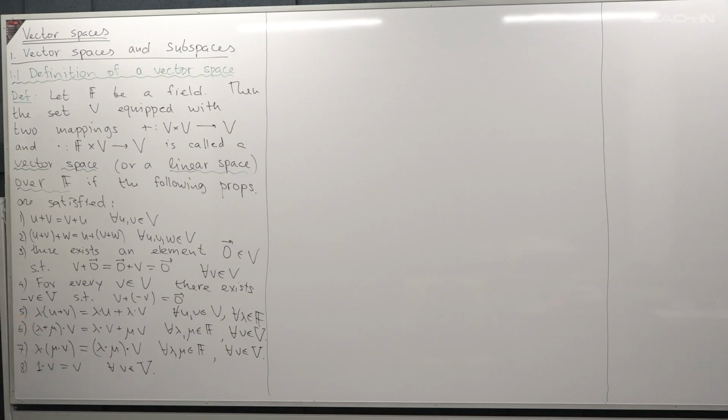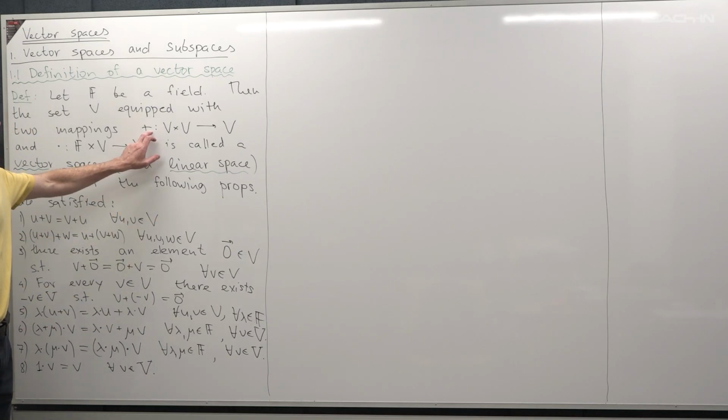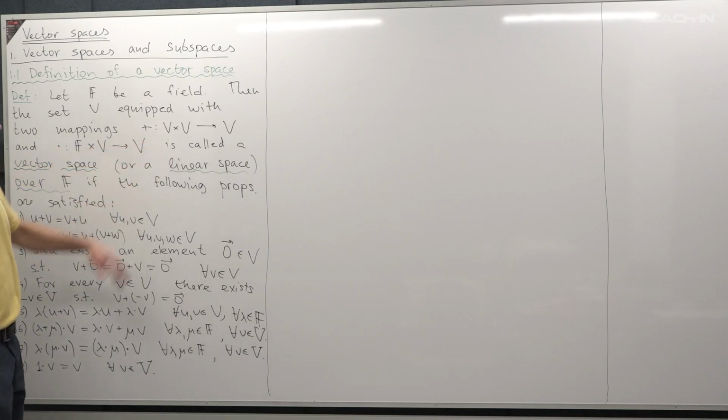So we add 2 elements of the field in the left-hand side. But in the right-hand side, we consider the plus which acts on the Cartesian product of V by itself. And so here we add vectors.